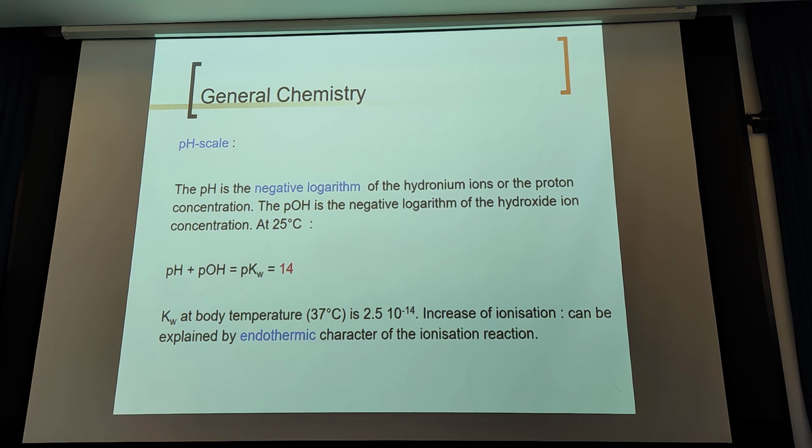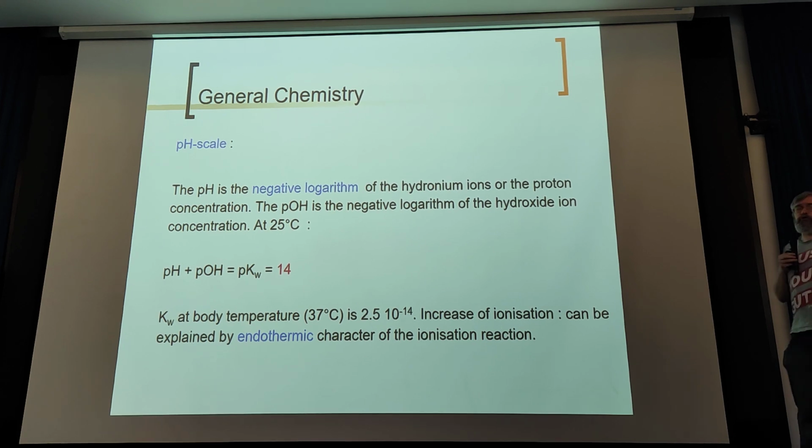This is the case. So hydronium, that's another name for H3O+, so hydronium ions, and there the negative logarithm, we get a positive number as long as your concentrations are not too high. We can also define, but this is used much less, the pOH. And that's the negative logarithm, of course, of the OH minus, the hydroxide concentration.